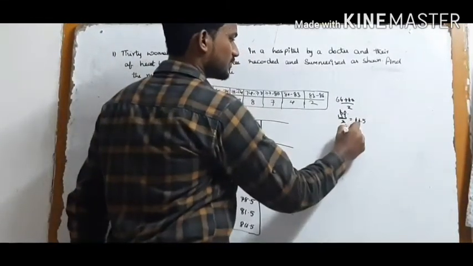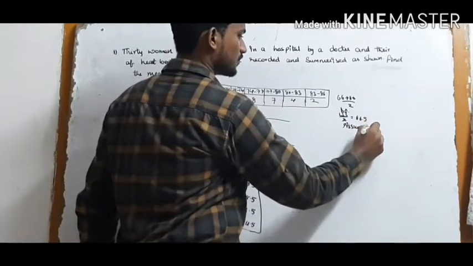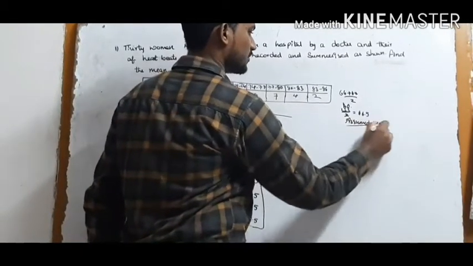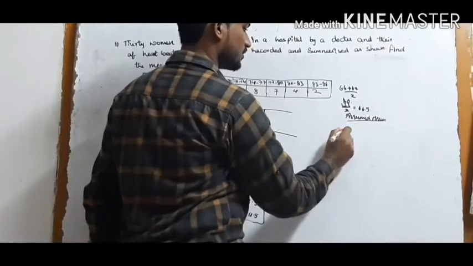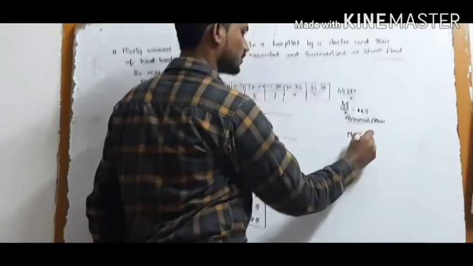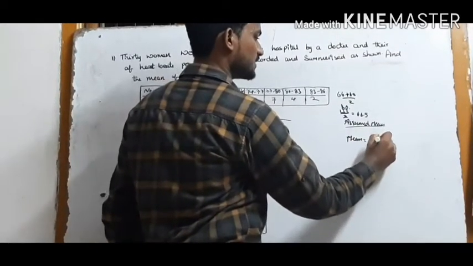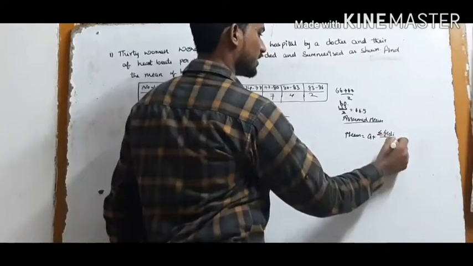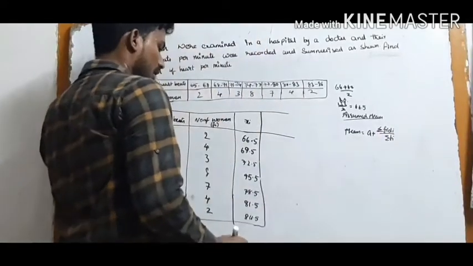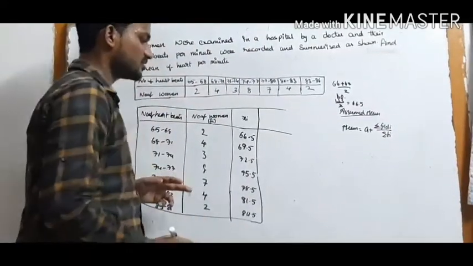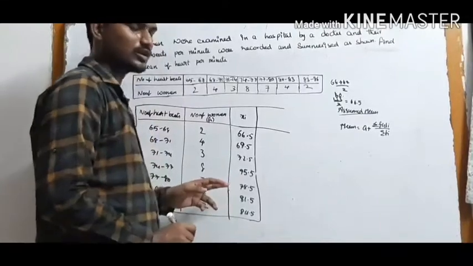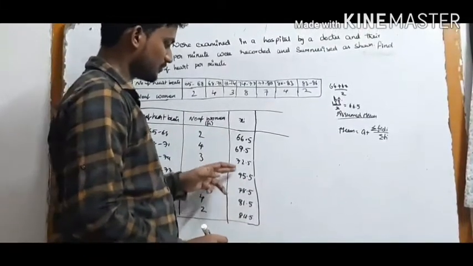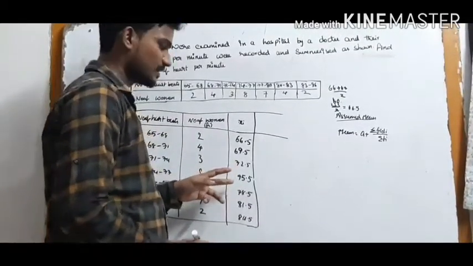Assumed mean method. The formula is mean equals a plus sigma Fi di by sigma Fi. First we want to assume any one value from xi.